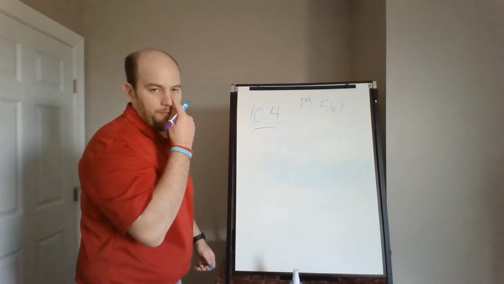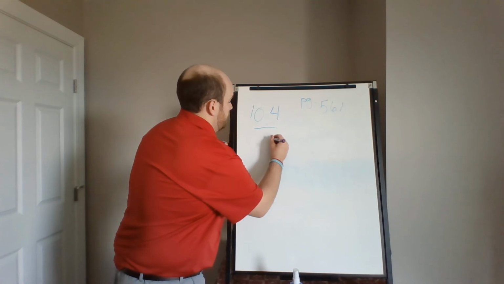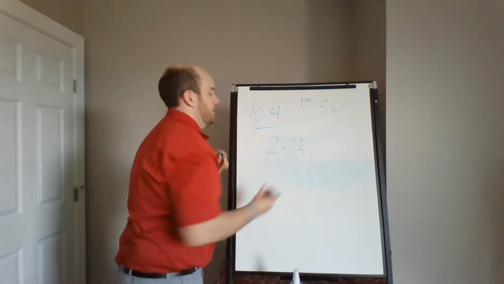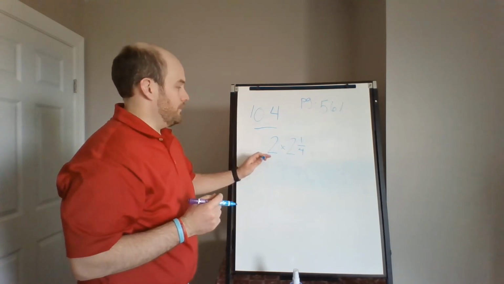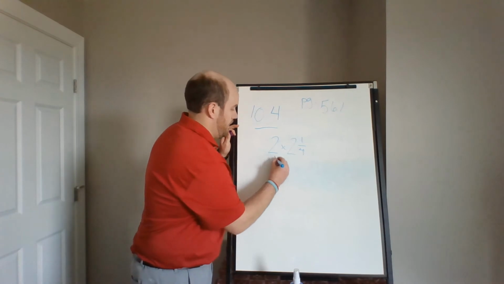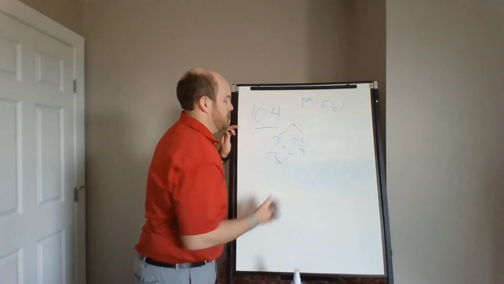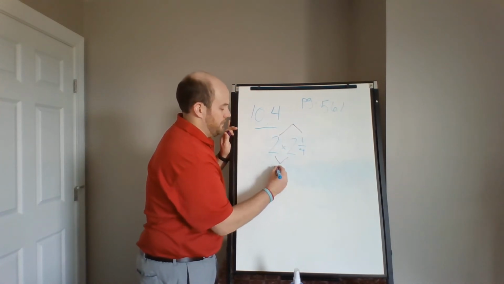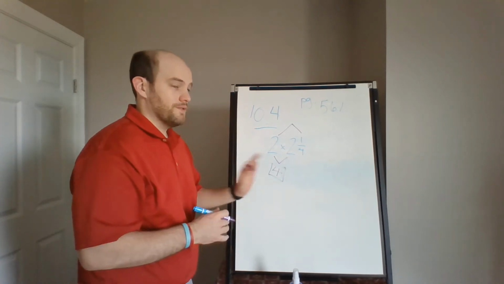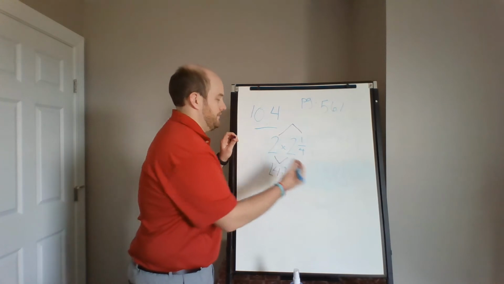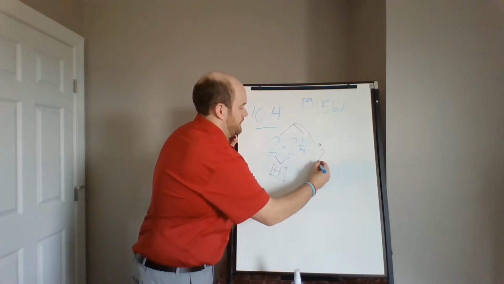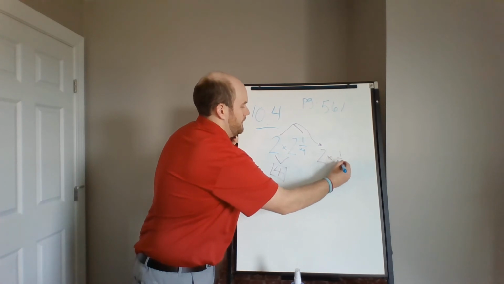Number 3 and number 4. We have 2 times 2 and 1/4. Okay, that's our first one, and we're going to solve that the first way. So we're going to multiply these two, and we're going to multiply these two. So 2 times 2 equals 4. Done with it, circle it. Then I'm going to take that next part and add it to it. Next one here, we're going to put it down here so we can see, is 2 times 1/4.